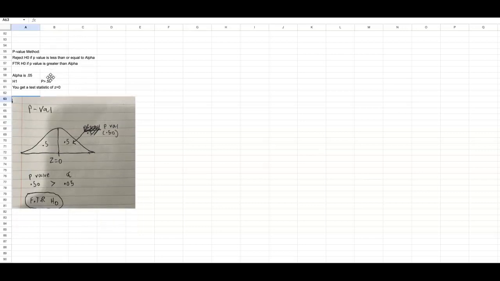You get a test statistic of 0. So you find the area to the right of your z-score 0, and that's 0.5. And you find that p-value 0.5 is greater than alpha 0.05, so we fail to reject the null hypothesis.